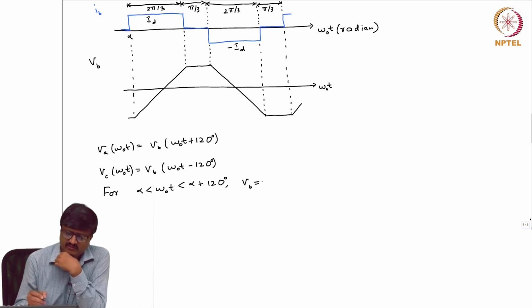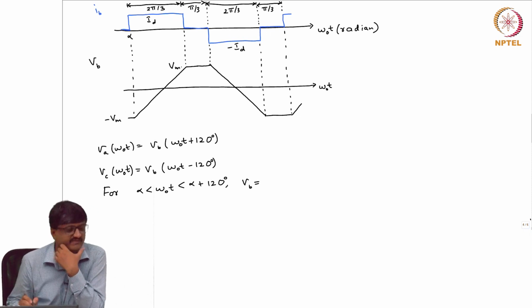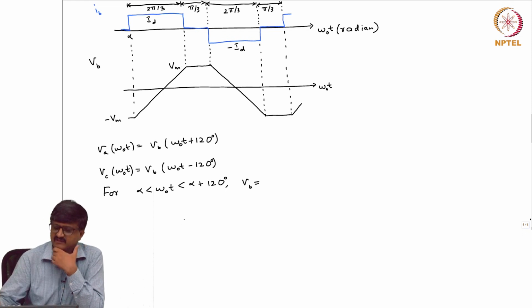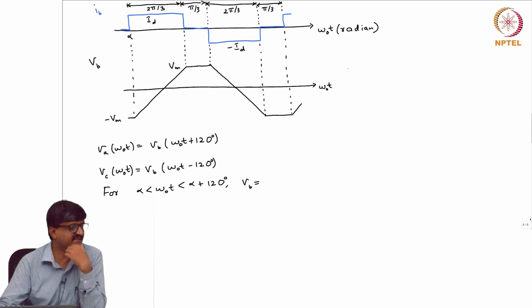Okay. So, I will denote this minimum value as minus Vm, m for maximum value is plus Vm, Vm is positive. Of course, we can get an expression for Vm itself in terms of ID, C and omega O. What is the relationship between Vm, ID, C, omega O?